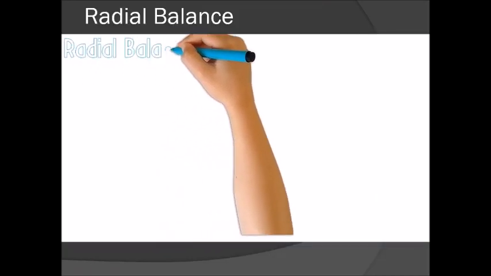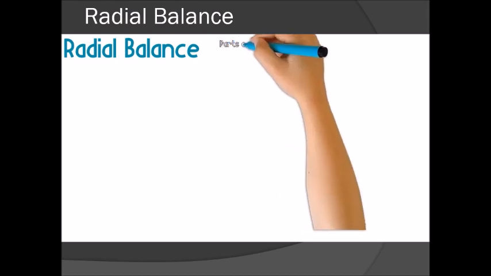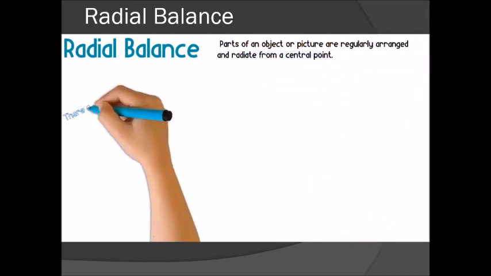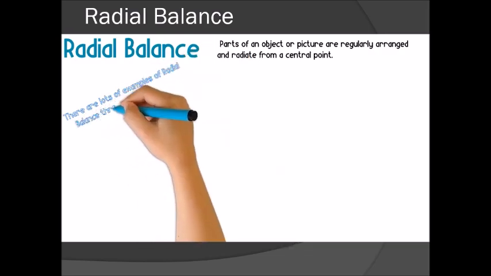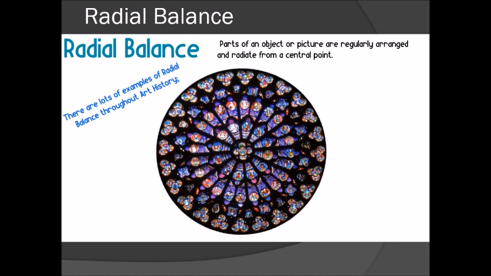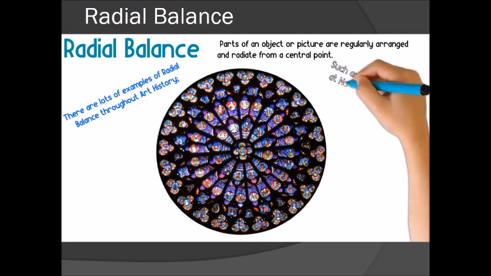Radial balance. Parts of an object or picture are regularly arranged and radiate from a central point. There are lots of examples of radial balance throughout art history, such as the rose windows at Notre Dame Cathedral.